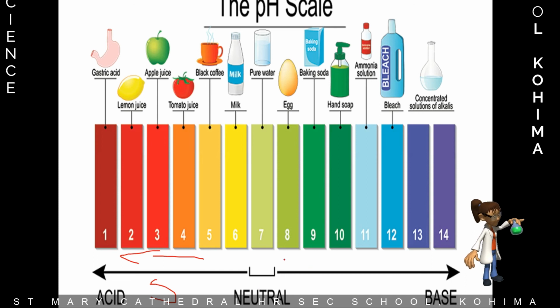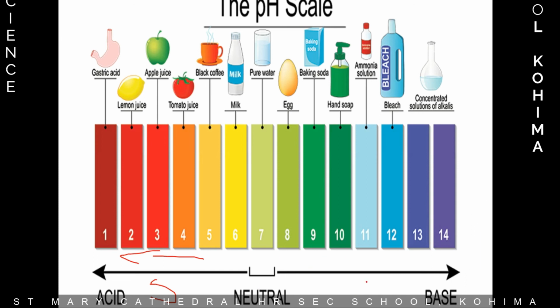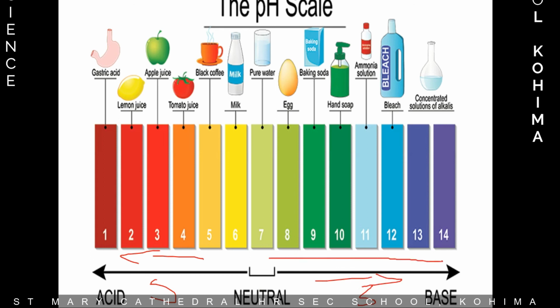And when the number increases from 7 to 14, the base strength will increase. That is how you have to remember. As the number decreases, acidic strength increases. As the number increases from 7 to 14, the base strength increases.